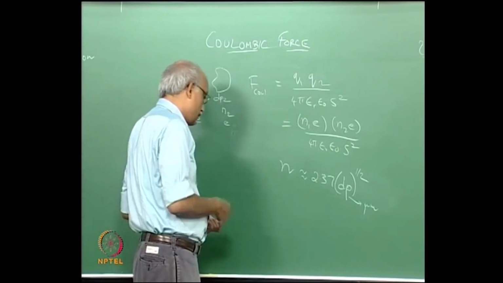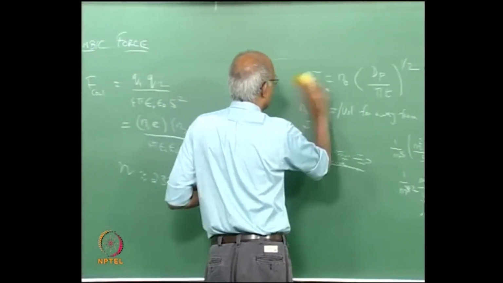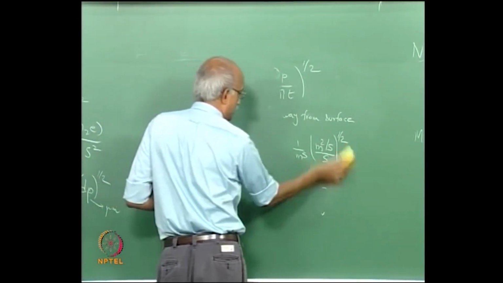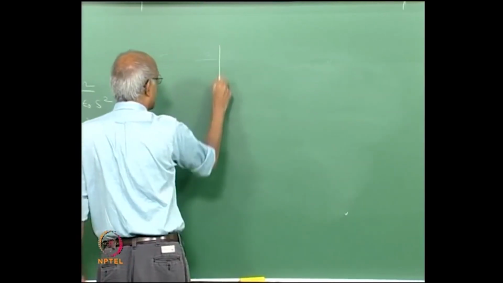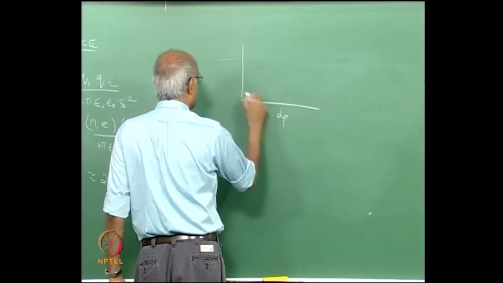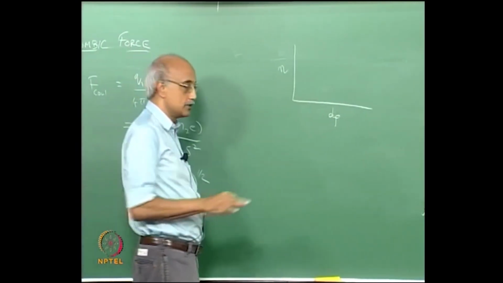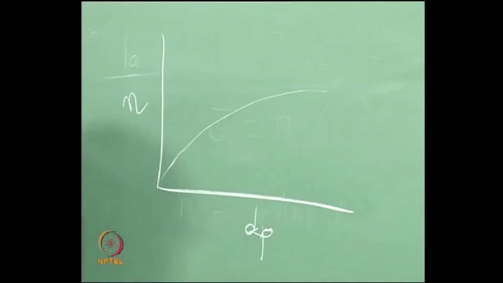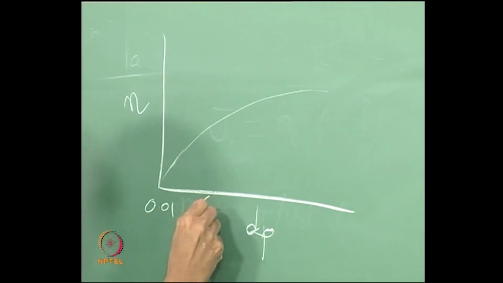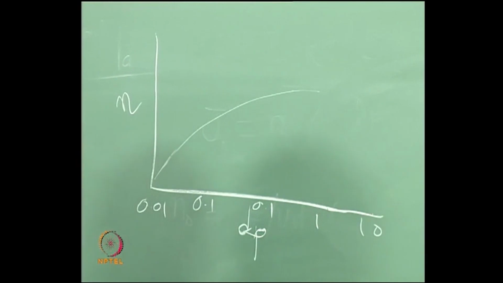It turns out that even this expression does not fully capture the dependence of number of charges on particle size, because if you plot dp versus n, what this is predicting is a square root dependence, which is valid all the way from 0.01 microns to much larger sizes.